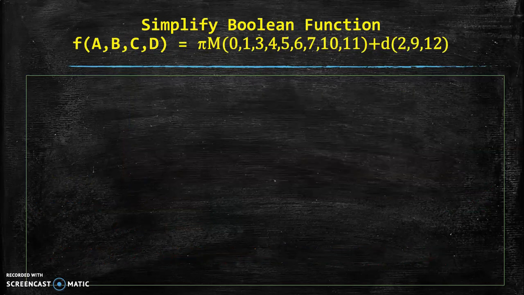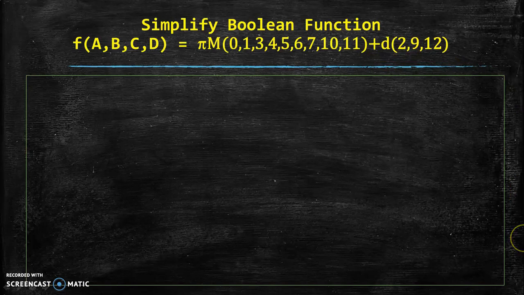With don't care condition, we take one example. So again, f of ABCD is given. We have given max terms, that is 0, 1, 3, 4, 5, 6, 7, 10, 11. And we have been given don't care condition for cells 2, 9 and 12.